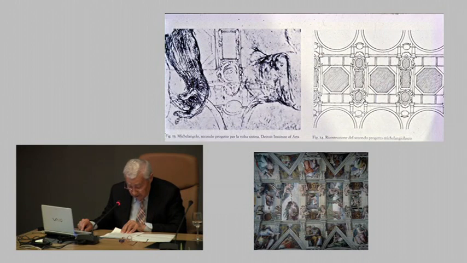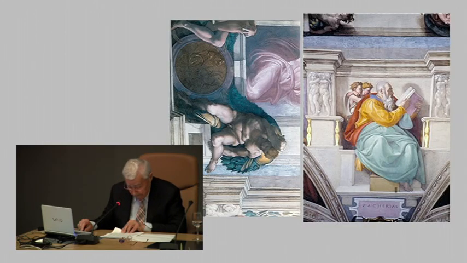Afterwards, he changes his mind and imagines it as the upward prolongation of the chapel's architectonic structure, with a great ceilingless hall where Prophets and Sibyls sit, while in the sky appear two theophanies.